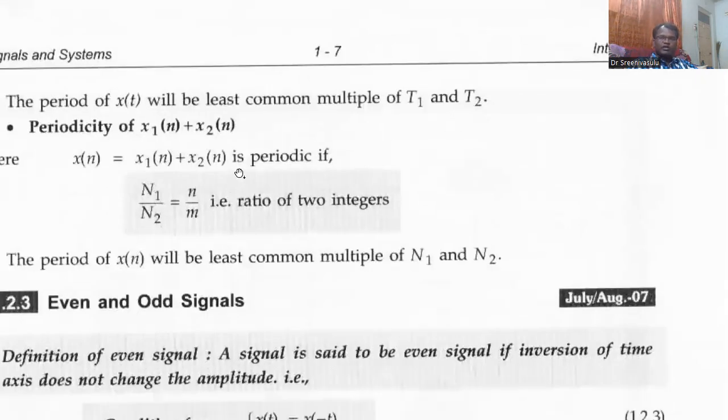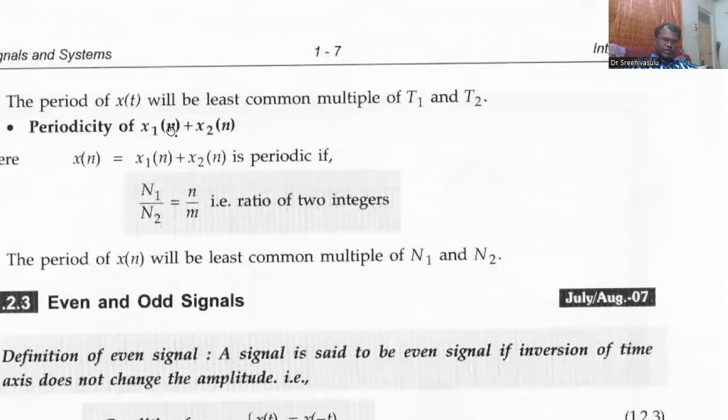Similarly, for discrete time signals, there is x1 of n plus x2 of n, addition of two discrete time signals. Individually, check whether x1 of n is periodic or not, and whether x2 of n is periodic or not.